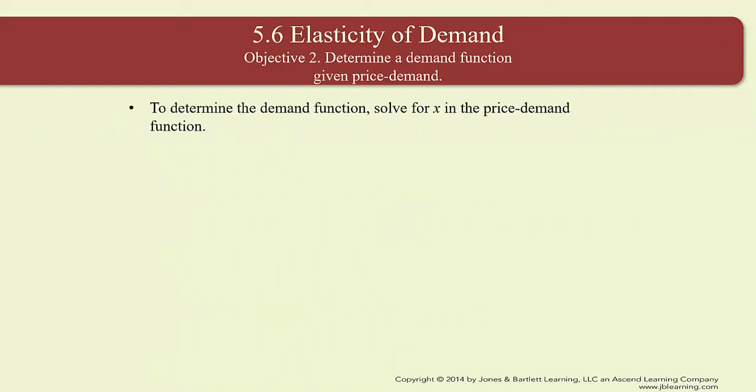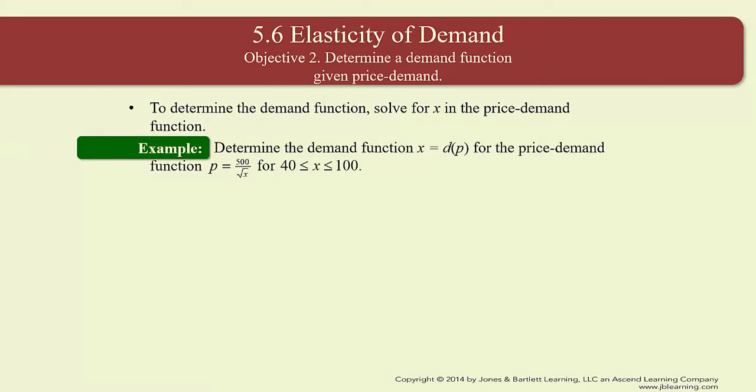So to determine the demand function, we're going to have to solve for X in the price demand function. So this is an important skill that we need going forward. So let's look at a quick example in practicing this skill.